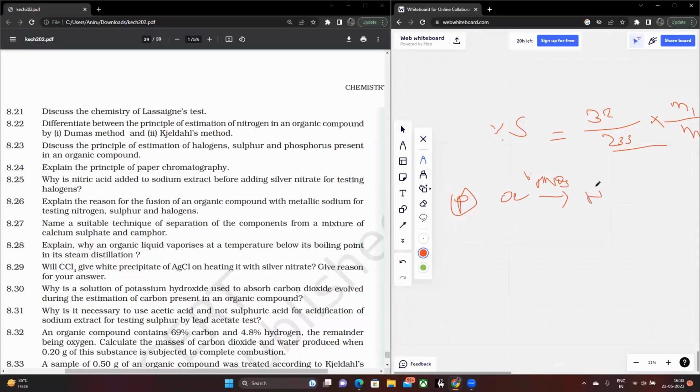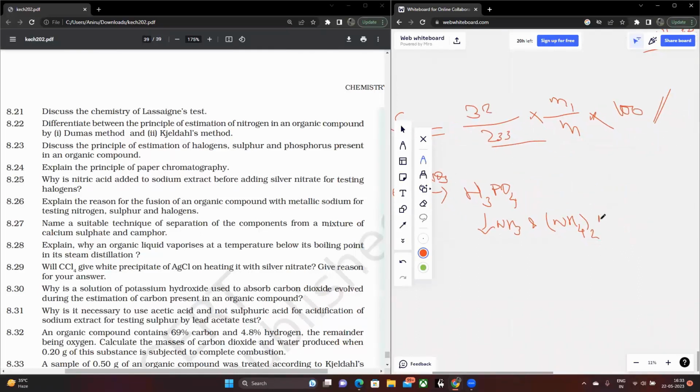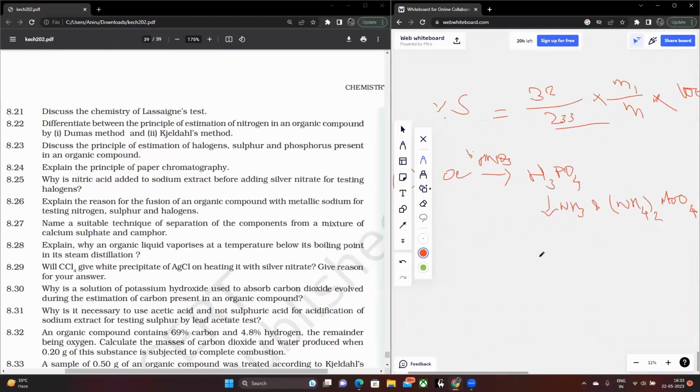This gives you H3PO4, phosphoric acid, orthophosphoric acid, if you want to be more precise. Then you treat the obtained phosphoric acid with ammonia and ammonium molybdate, (NH4)2MoO4.